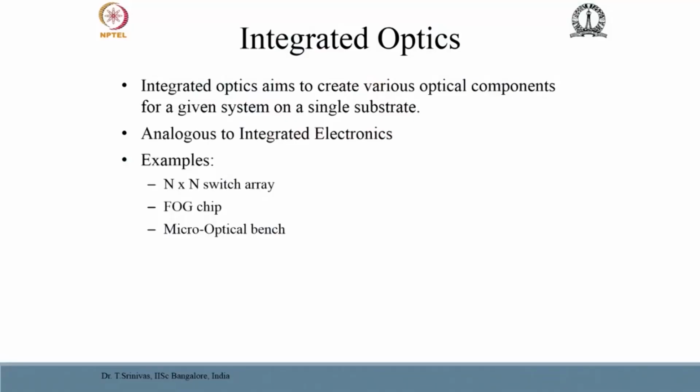The photonic integrated circuits or integrated optics can be considered as analogous to electronic integrated circuits. In olden days we used PCBs, then the breadboards etc. to build electronic systems. Now, we have all these systems on a chip.